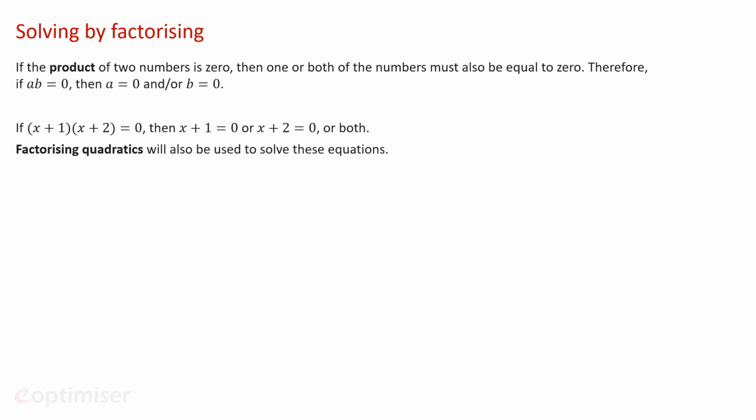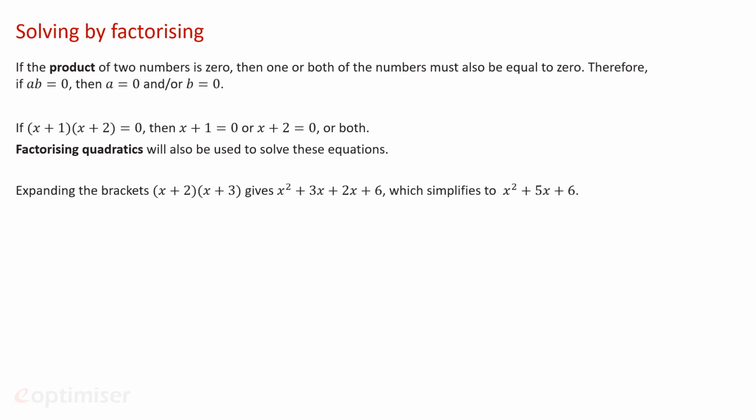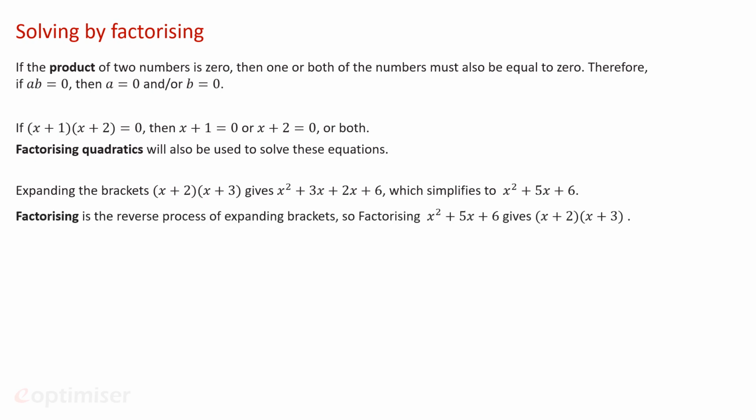So if you factorize a quadratic, then you can solve it. First you expand the brackets, then you'll get the quadratic. Factorizing is the opposite. You are writing it as multiples. So if you factorize x squared plus 5x plus 6, you will get x plus 2 into x plus 3.